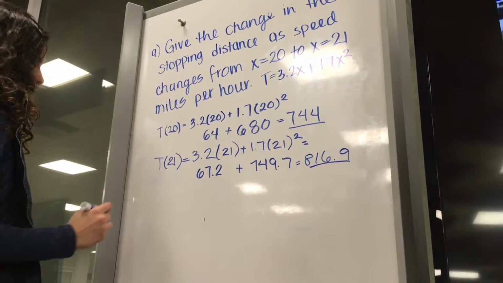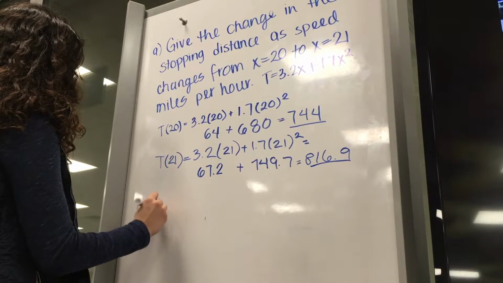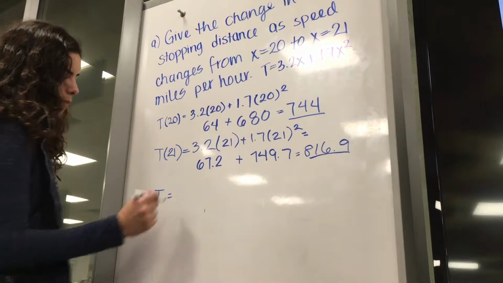So now we've got both stopping distances, for the speeds of 21 and 20.